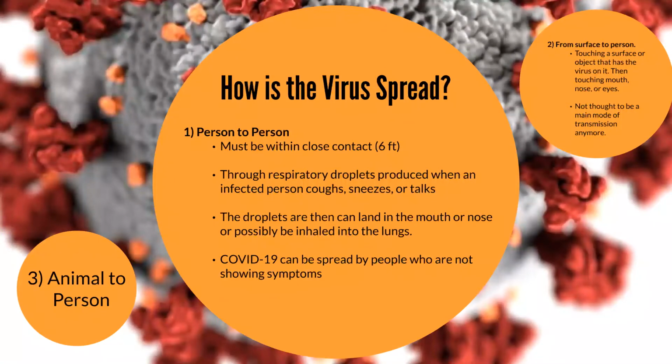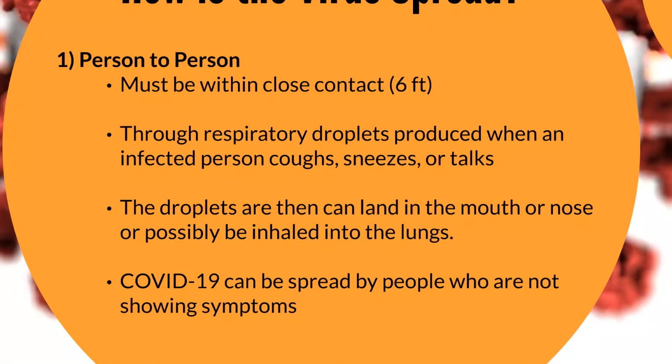COVID is said to be spread through respiratory droplets. The most highly contagious way this is spread is from person to person. The person needs to be within close contact, which is defined as within 6 feet.